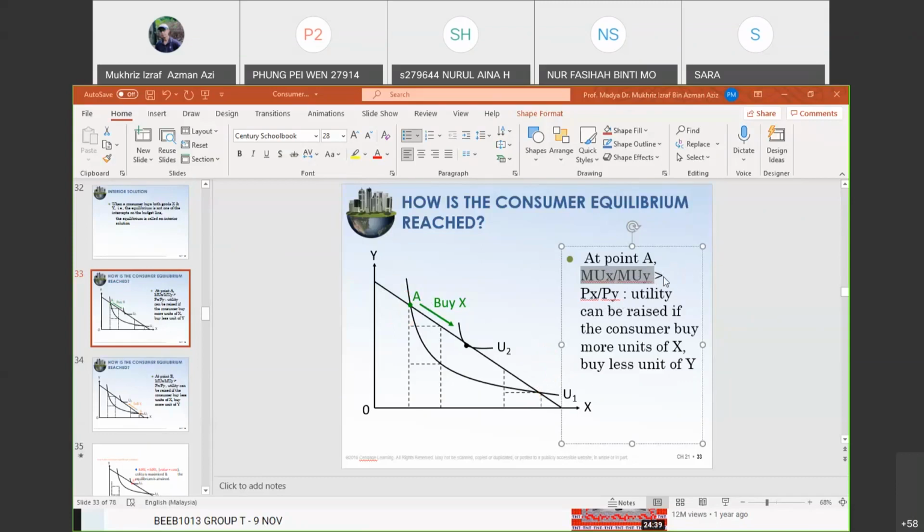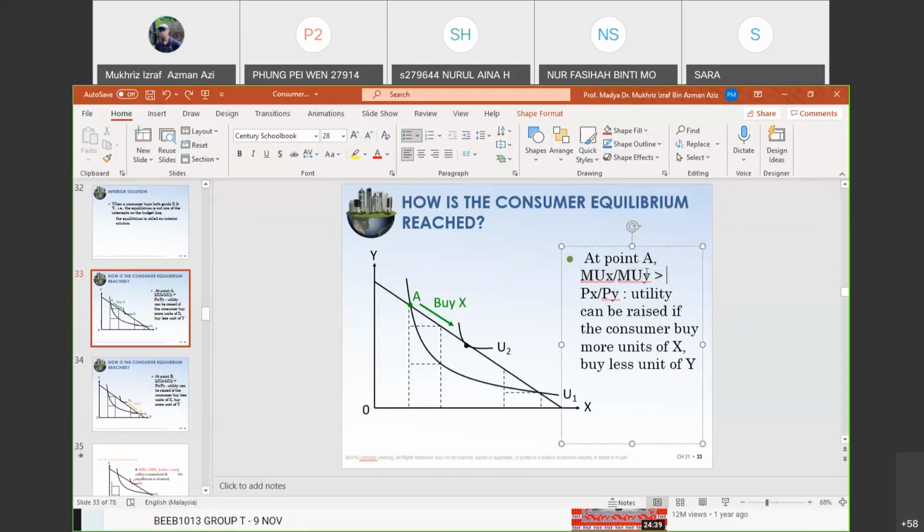When this is not equal, because here you can see that it is more than, not equal to, and you want to make it equal, the original condition is that this value is bigger than PX over PY. So how do you make this value smaller?